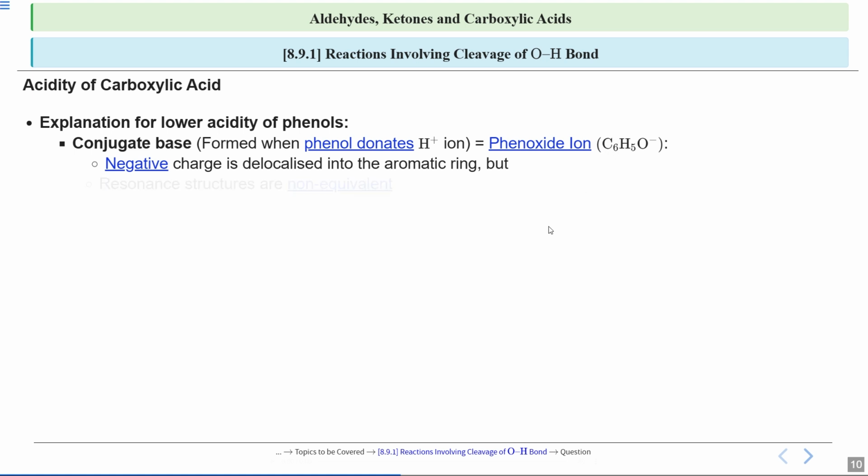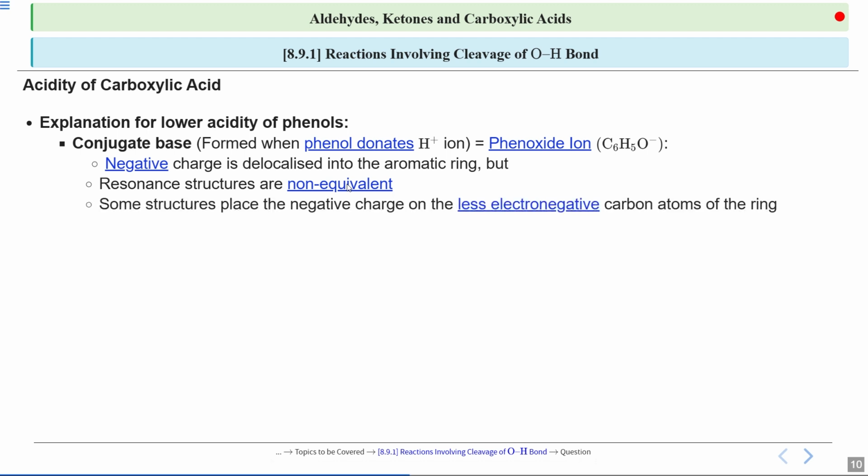But there is some problem. The resonance structures of the phenoxide ion are non-equivalent. This means the way that the negative charge is distributed is not uniform, and that affects the stability of the ion. When you see the resonance structures, it places the negative charge on the carbon atoms, and these carbon atoms are less electronegative than oxygen.